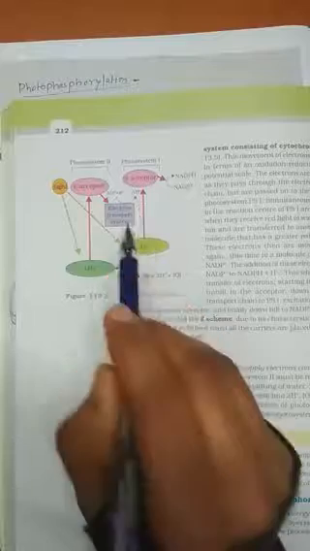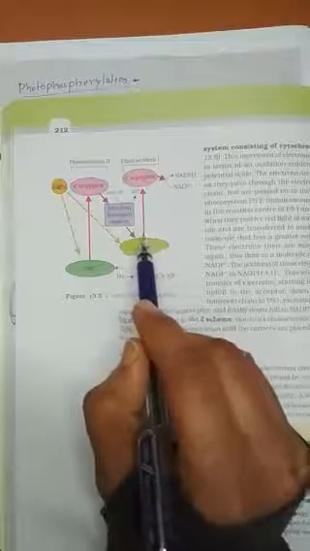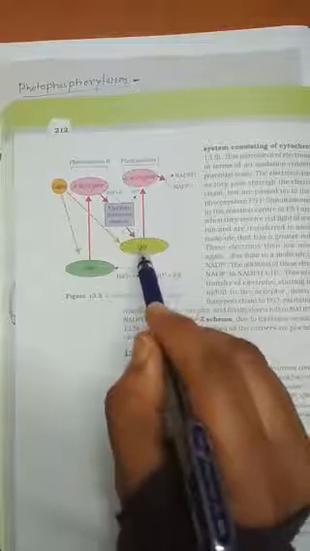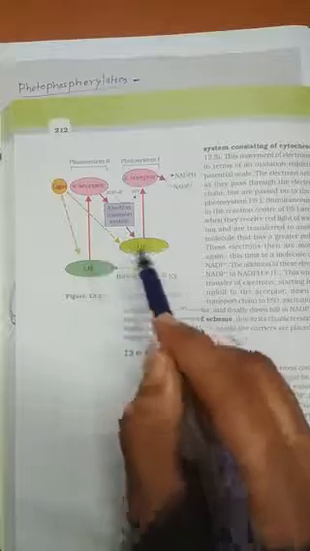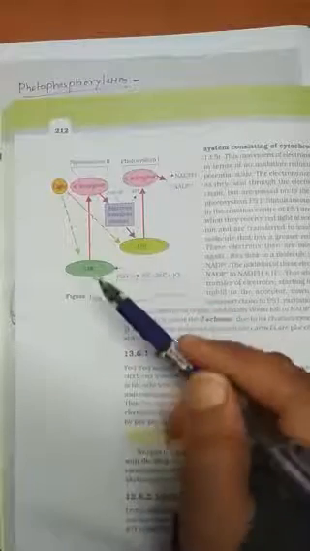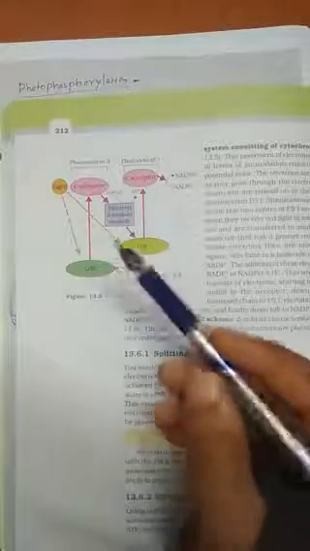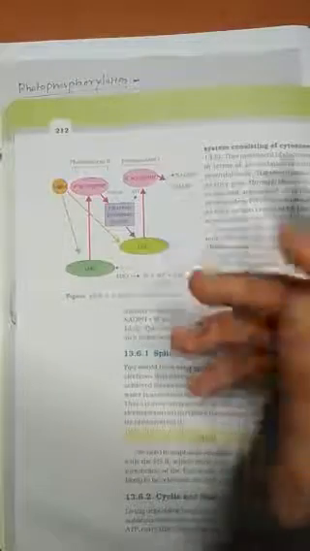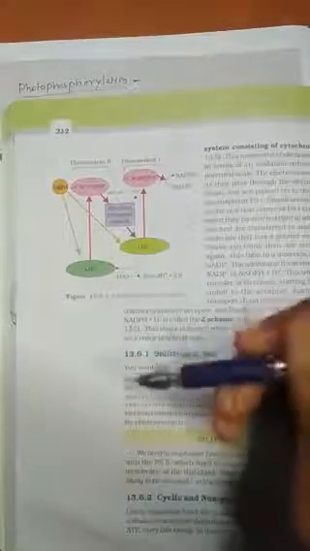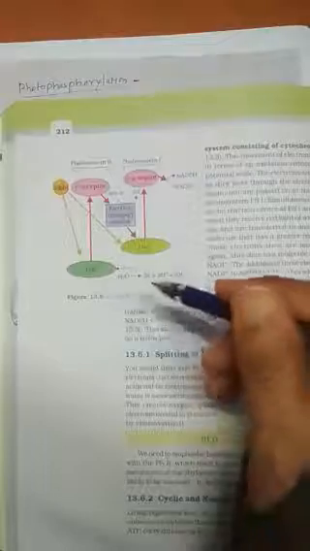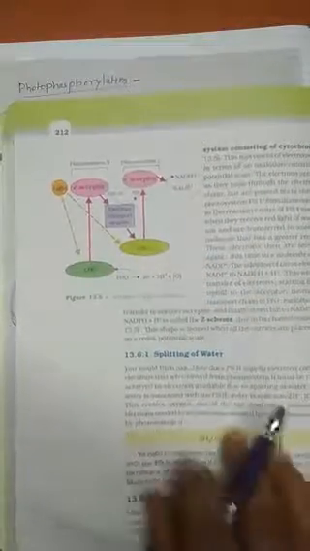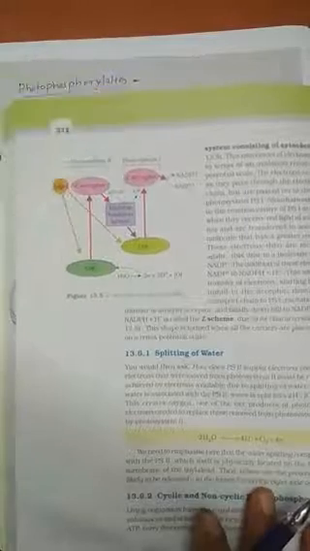This is Z. Both ATP and NADPH are synthesized by this process, and PS1 and PS2 are found in the lamellae of grana. Hence this process is carried out here. Okay, this is all about the Z scheme.